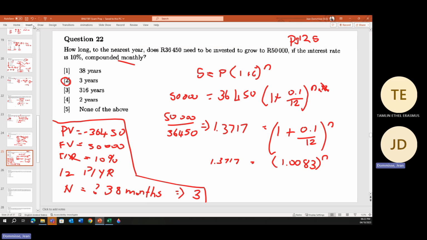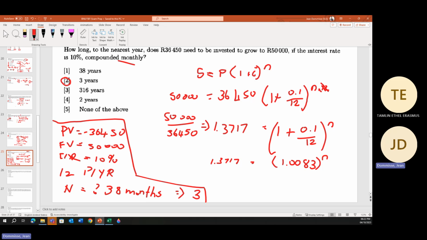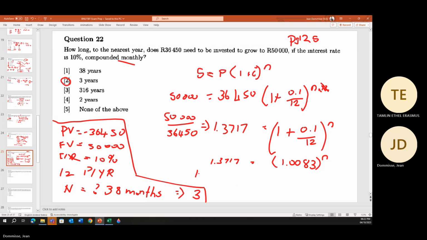Okay, so we take, like I said, log on both sides. So it will be ln 1.3717, and that will then bring n to the front.